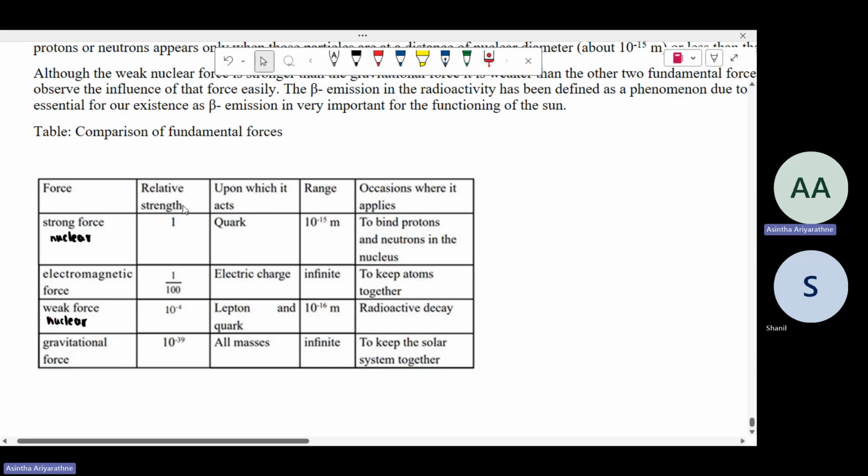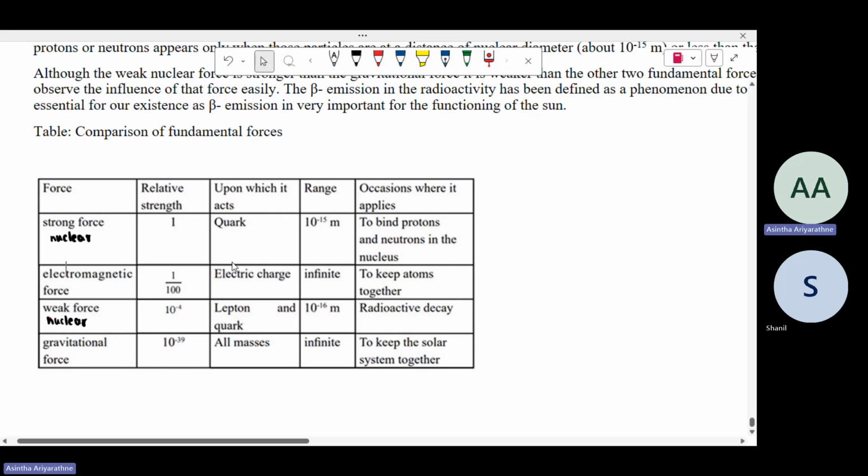So relatively, if we take the strength of the strong nuclear force as 1, the strength of the electromagnetic force relative to it is 1 over 100. And the weak force is about 10 to the power minus 39, the weakest.